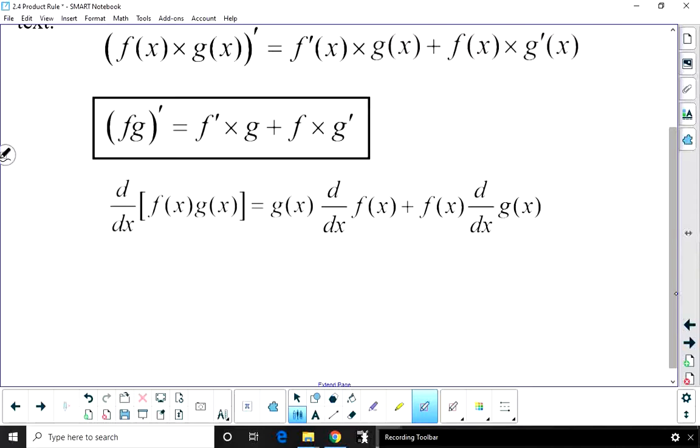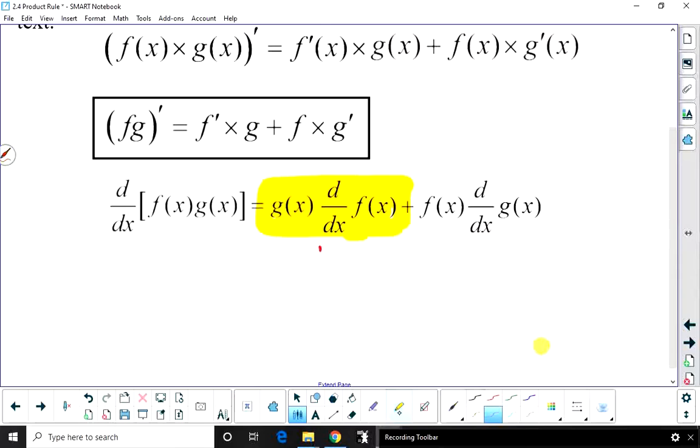I wrote it a little bit different here. The way I say the product rule is derivative of the first times the second. Do you understand that this is the same as the derivative of the first times the second?